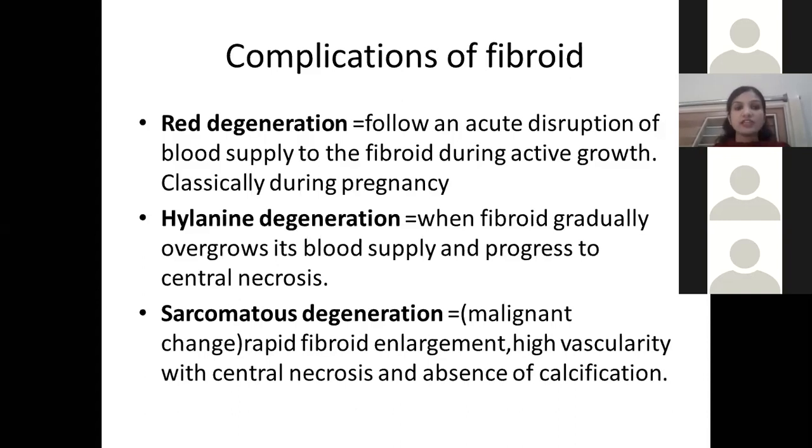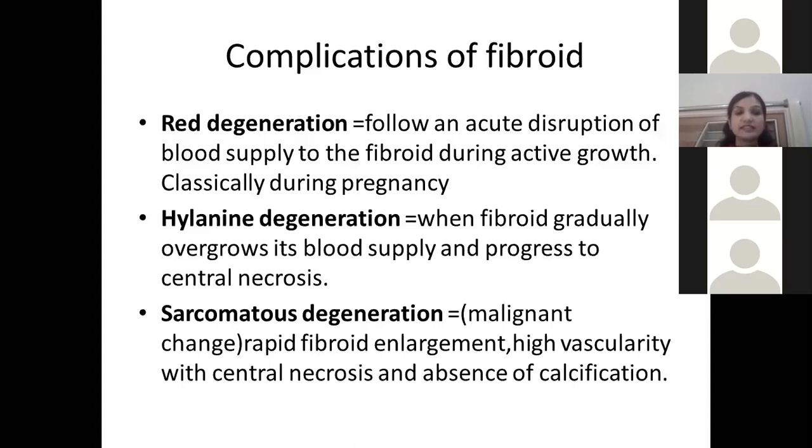Now, this complication usually happens during pregnancy. It can occur if the fibroid develops during pregnancy. So this complication can be encountered in the patient. It is a type of complication when the fibroid's blood supply is growing fast. Fibroid itself has no blood supply, but it's receiving its blood supply from the peripheral tissue. So if there is any stoppage of the blood supply, the red degeneration can occur.